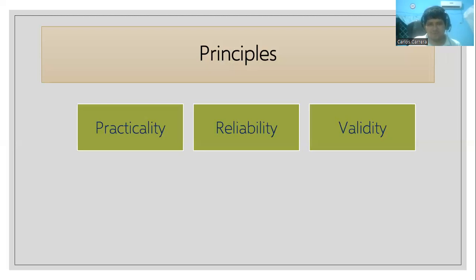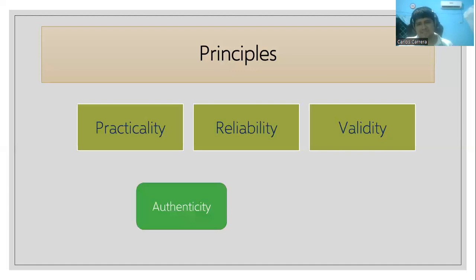For example, we want to know if the student has really learned the lesson or has achieved a skill or maybe has mastered some skill or domain of knowledge. And if not, well, this test or activity is not valid for applying, and we have to rethink it.